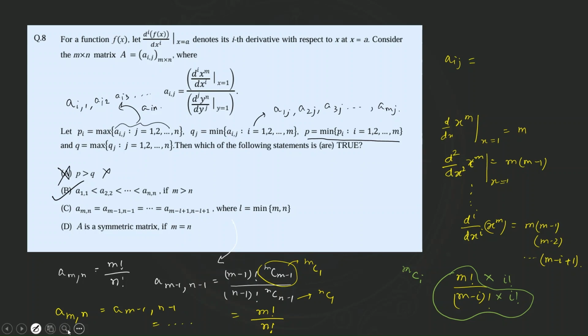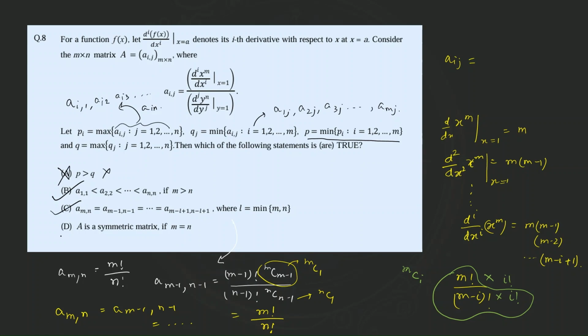And where would this series stop? This series will stop when L is equal to the minimum of m comma n, because if we exceed this number, we will not get any positive value of the index. That is not possible because we are dealing with a matrix, so the row and column indices are positive. That means option C will be definitely correct.